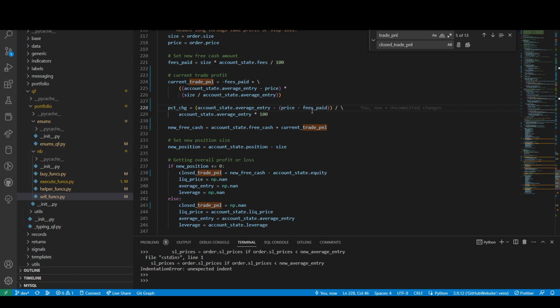I think here we have to add the fees, because let's say we went from 1,000 to 900 plus the fees paid. Whereas if our price was 1,500 minus 1,000, for a long we have to subtract the fees, because adding the fees would bring us to the real price.